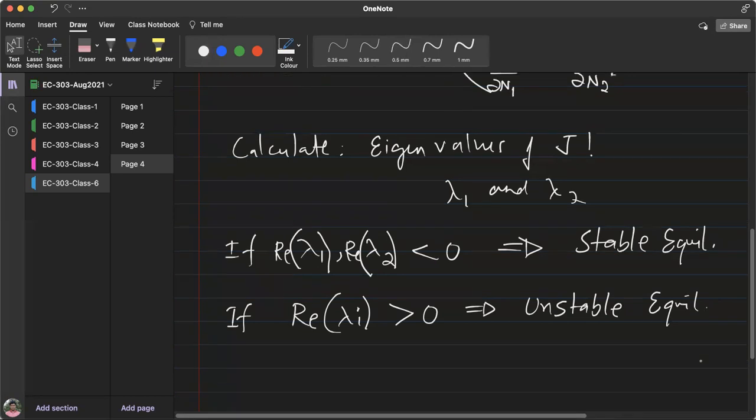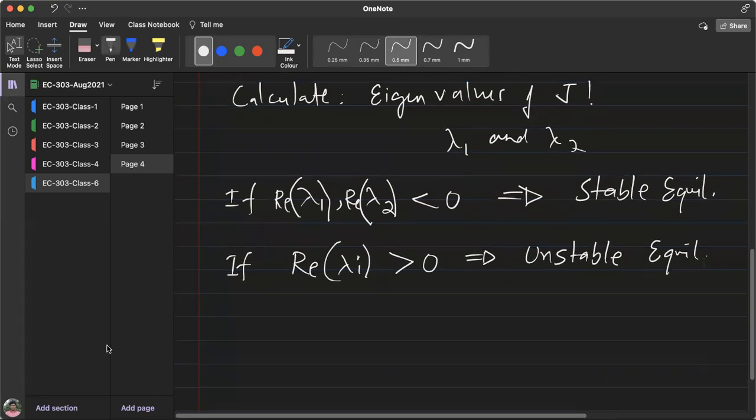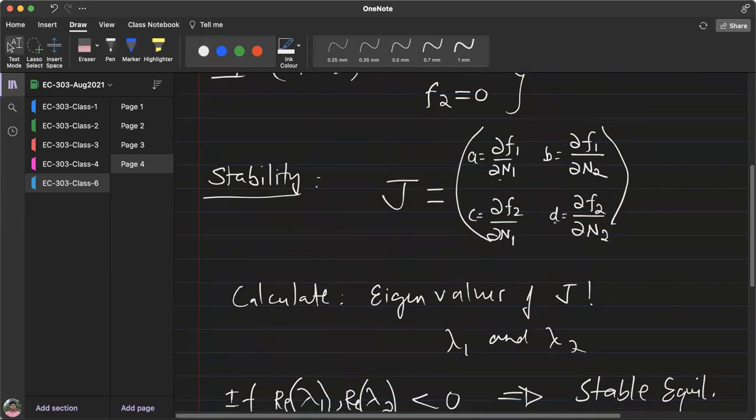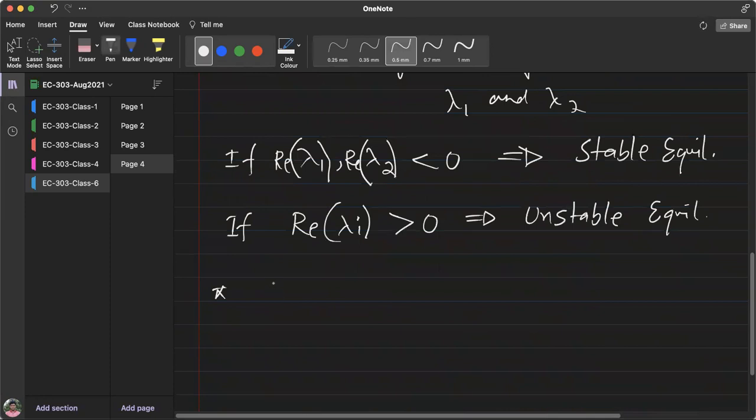Another small trick to remember is this. Let's call the Jacobian matrix terms A, B, C, D. Then we also know that the trace of the matrix, that is A plus D, will be equal to λ1 plus λ2.